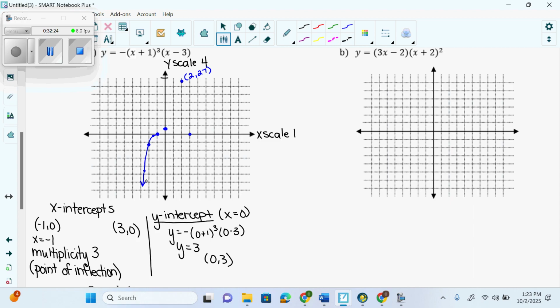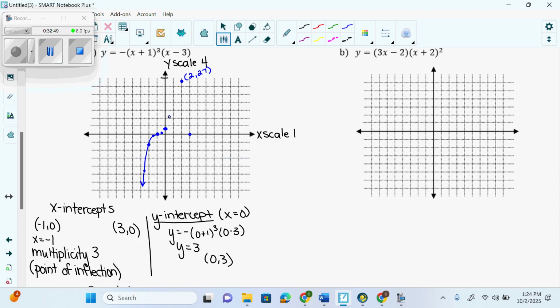I can keep getting more points if I want to. So now I'm at -1.5, -1 I already have. Well, what about -0.5? That's 0.43, so that's going to be somewhere like here. Then 0 I already have is 3. What if I do 0.5? That's 8.4. So it's like here.